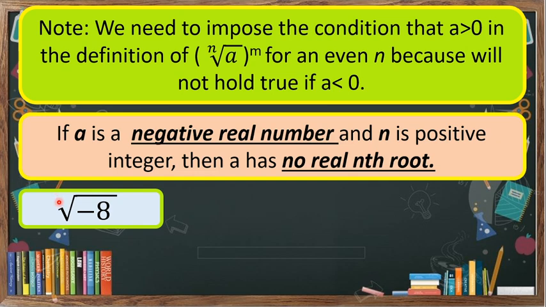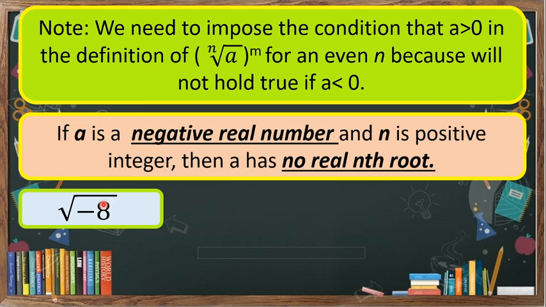Remember that the index here is an even number. Alright? If you are going to multiply any number to get negative 8, can you arrive at a negative number?